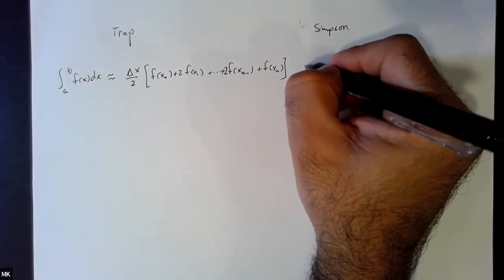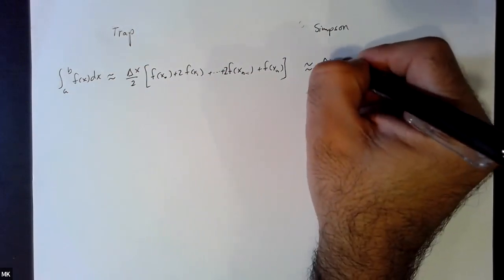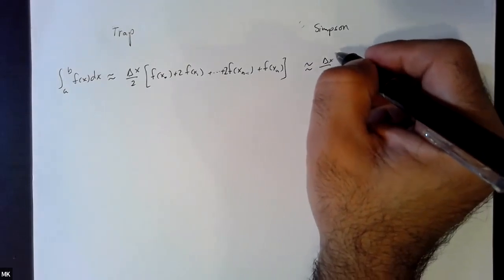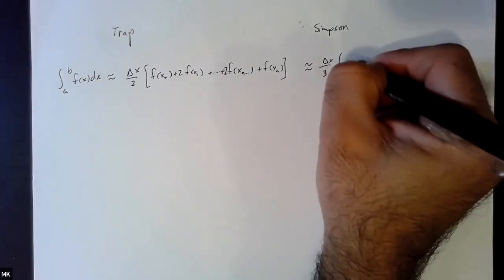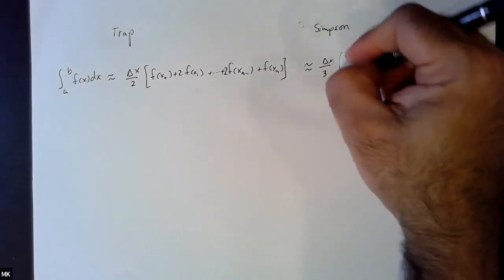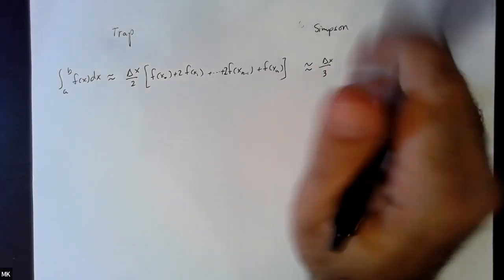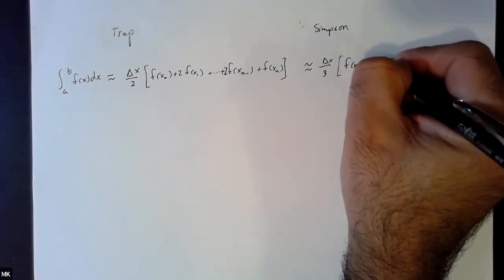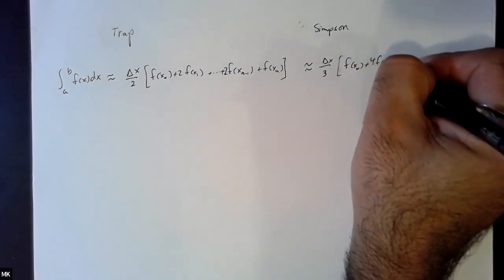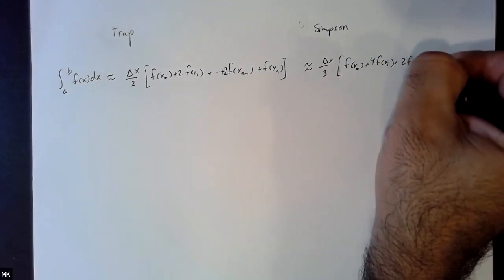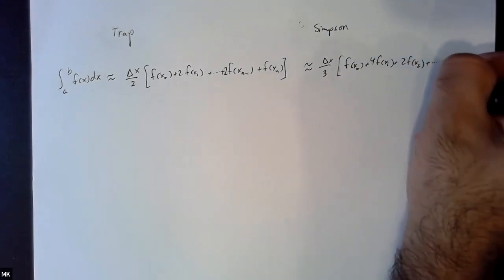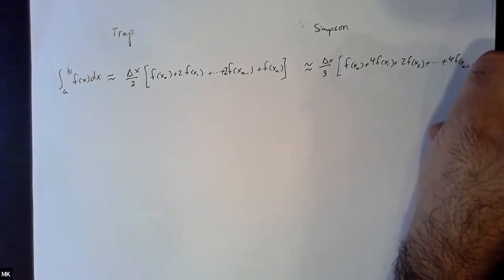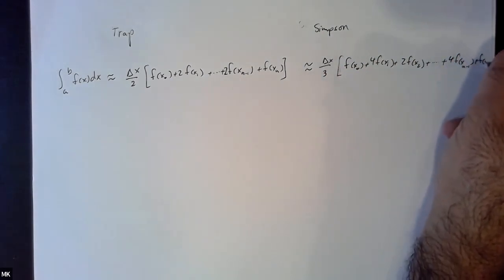For Simpson's rule, here it's delta x over 3 now, and I explained to you guys last class why. The integral is approximately f of x naught plus 4f of x1 plus 2f of x2, and then you alternate between 4 and 2 all the way to the last one, which is going to be 4f of xn minus 1 plus f of xn.